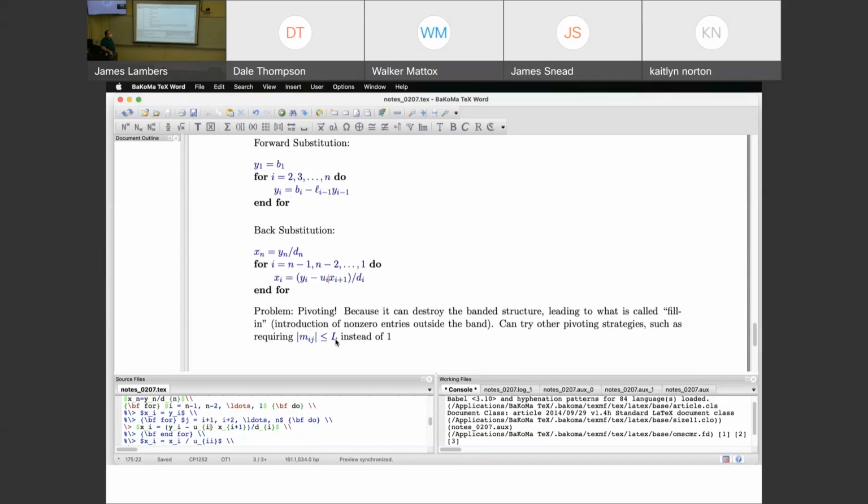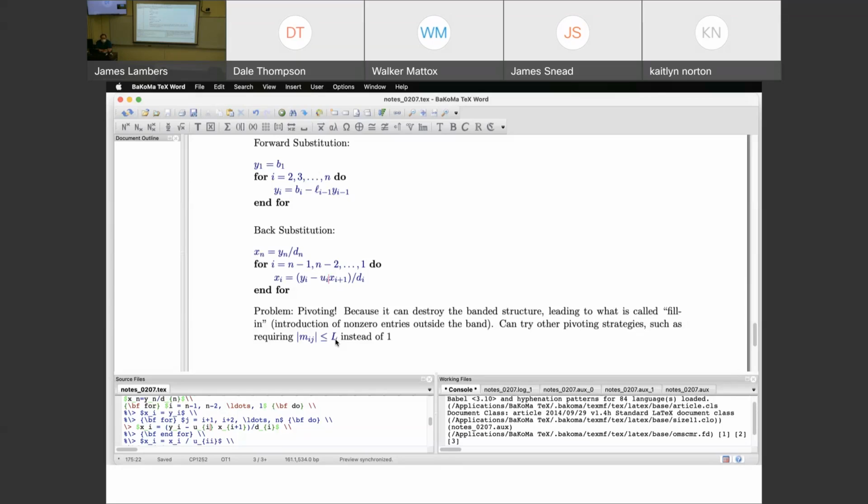So it's not really a cure, but what can you do? That's why working with sparse matrices matters. Sparse matrices are defined as matrices in which most of the entries are 0. So a banded matrix certainly fits that description, but there are other matrices that are less structured that are also sparse. And you want to have methods for solving Ax = b that take advantage of that sparsity and don't wreck it, which is what Gaussian elimination with pivoting would do.